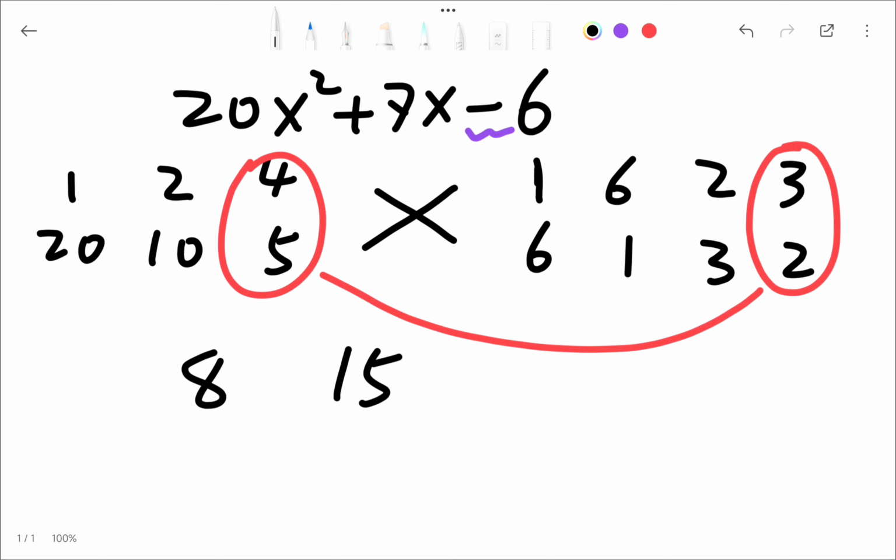Now, the difference of 8 and 15 is 7. So we have to make one of these numbers negative. To get a positive 7, 8 has to be negative. To make 8 negative is the same as making this 2 negative.